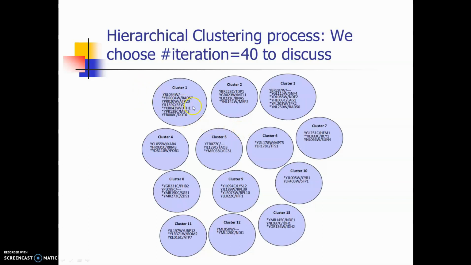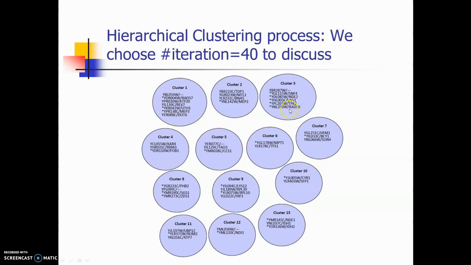For cluster number 1, there are 1, 2, 3, 4, 5, 6, 7 genes put into the cluster. The ones with the star sign indicate they are the non-longevity genes. So this cluster has this number of genes, and 3 of them are non-longevity genes.